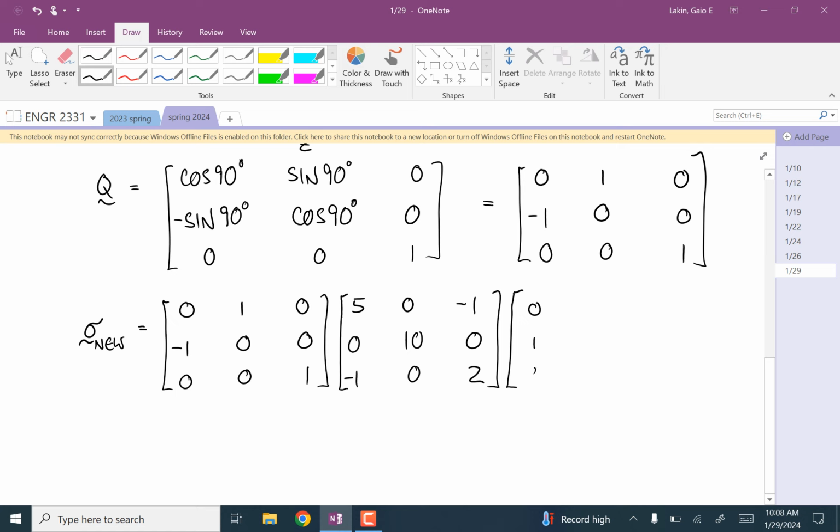So 0, 1, 0 this way, negative 1, 0, 0 this way, 0, 0, 1, like that.